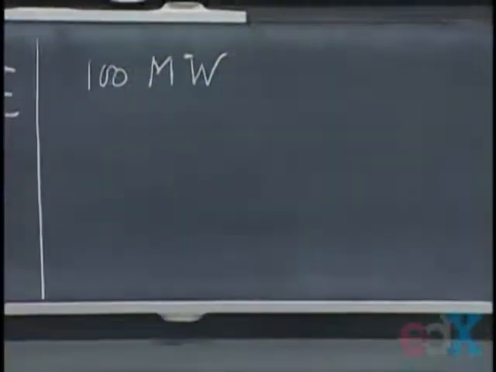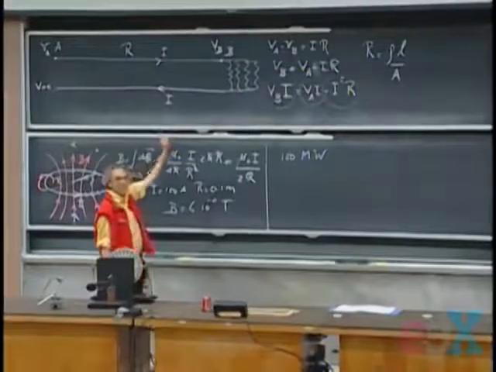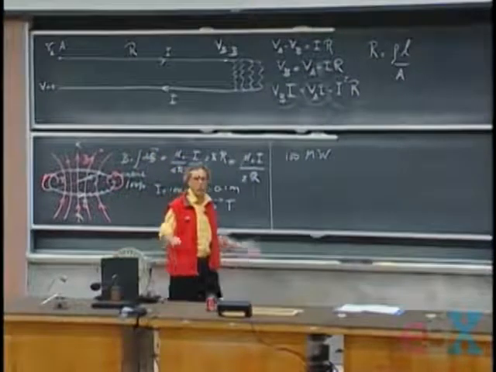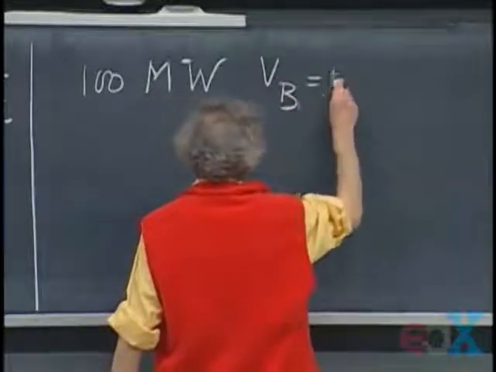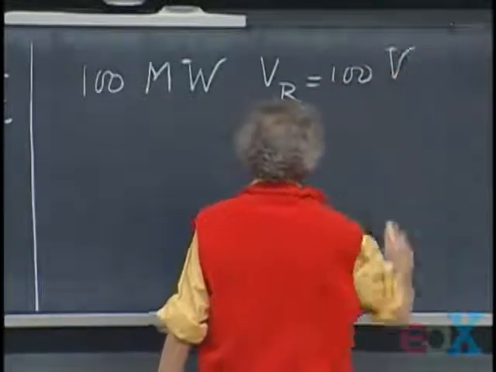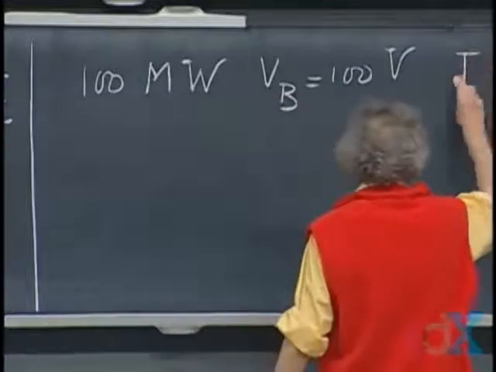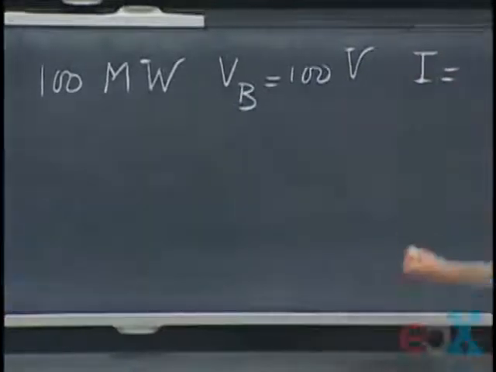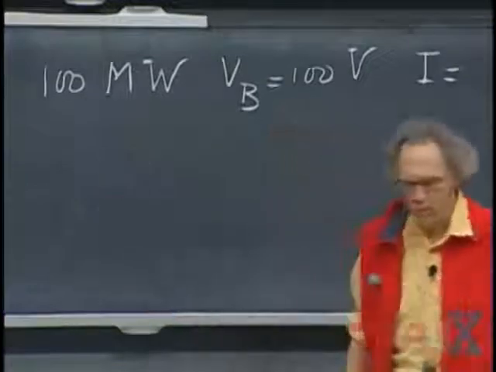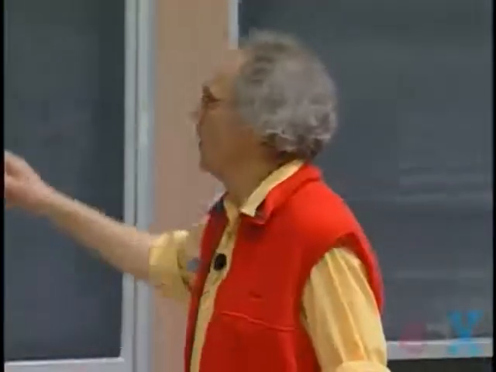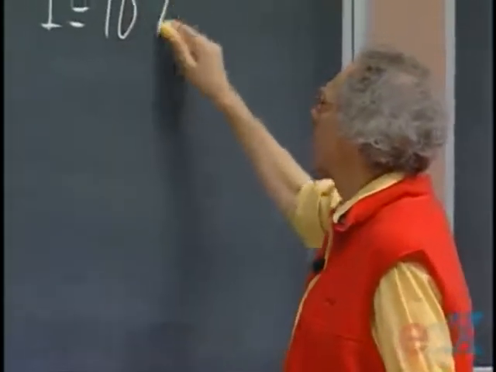And just for the sake of argument, suppose at B the potential is 100 volts. So V of B is 100 volts. What now is the current? Well, current times potential gives me power. And so my current is now 1,000,000 amperes.